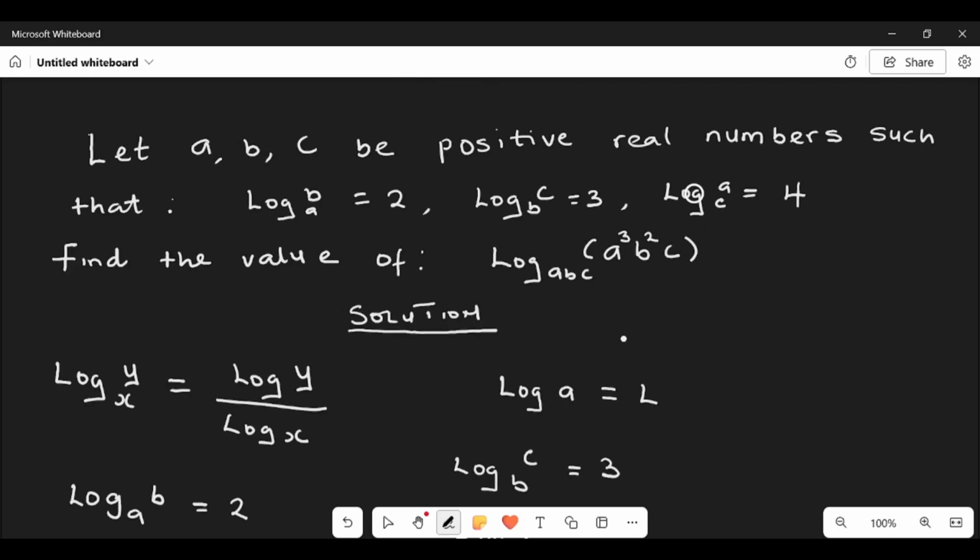Let us consider this. Log A base C equals 4. Using this format, we can rewrite it as log A over log C equal to 4.